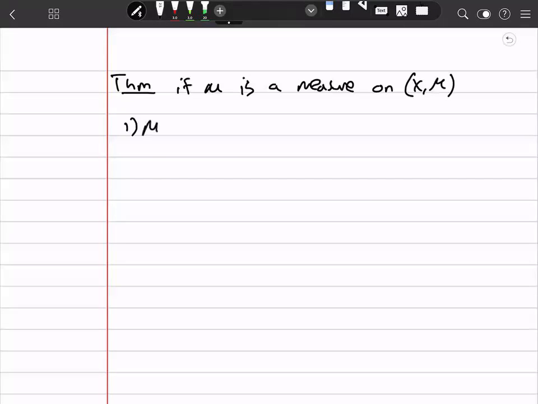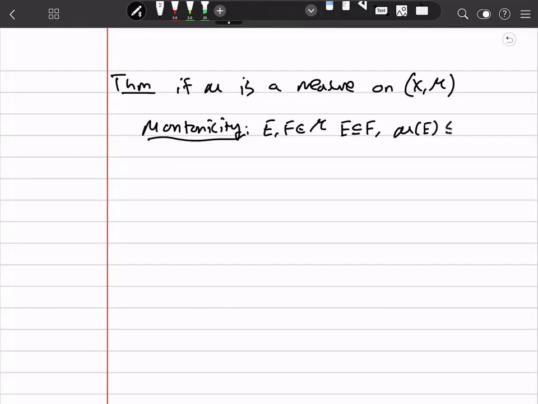The first one is called monotonicity. Monotonicity says that if E and F are elements of our sigma algebra, and E is a subset of F, then mu of E is less than or equal to mu of F.